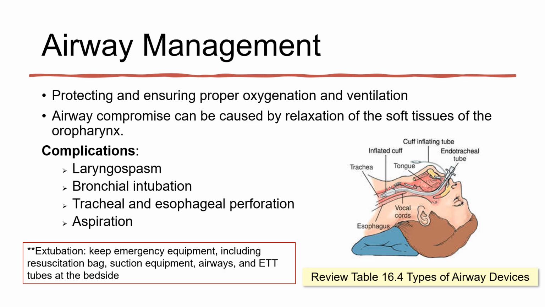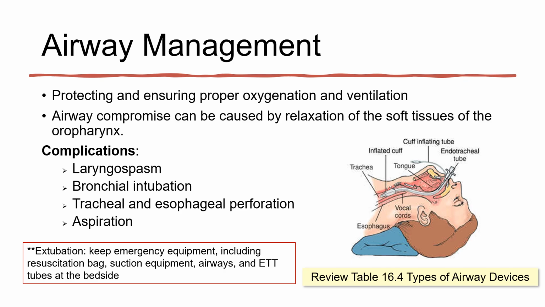Bronchial intubation is where they stick that ET tube in and it actually goes too far down into one of the bronchi. So when they connect the ventilator, only one side of the lung is being inflated. That would be bad. Tracheoesophageal perforation: again, they're putting in that ET tube and then it perforates or punches through the esophagus or the trachea. Again, all bad. And then of course, aspiration.